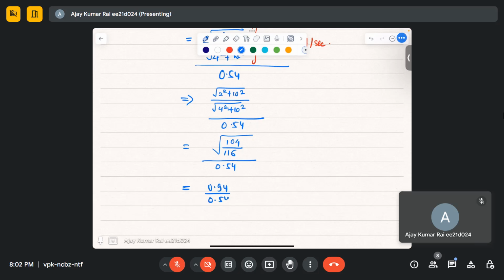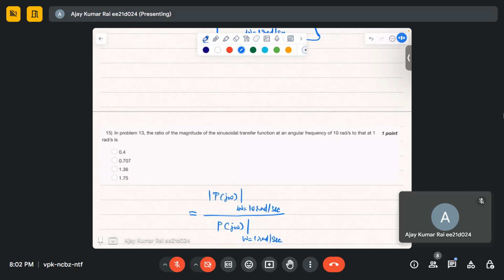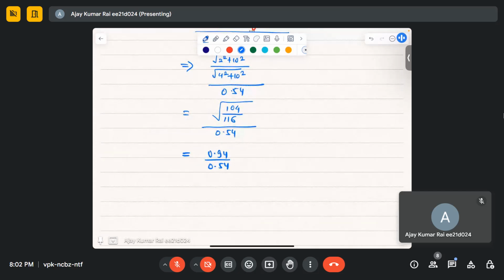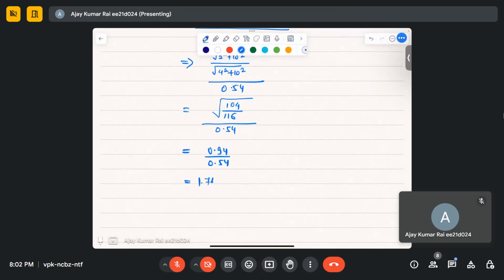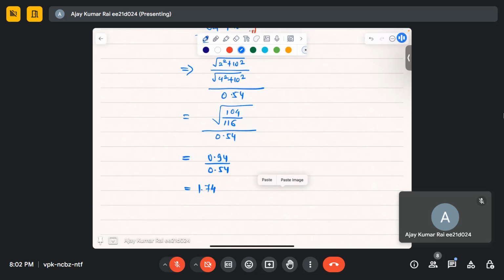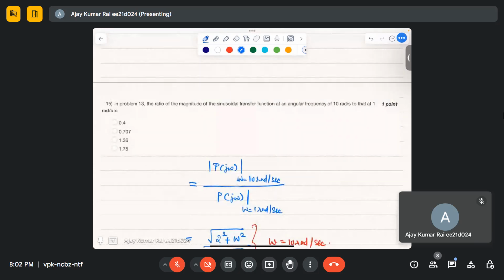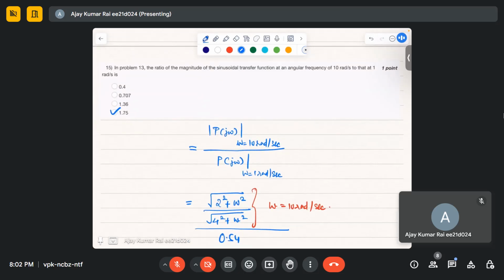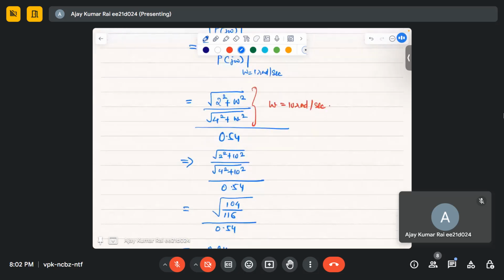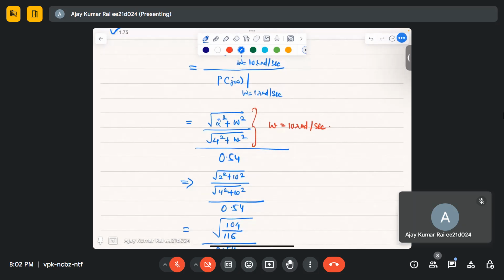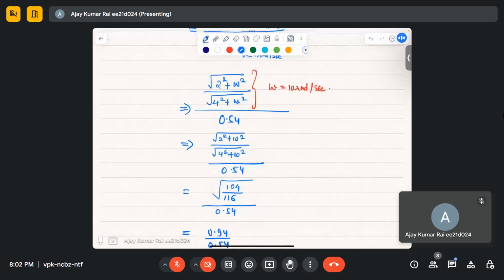I'll get 1.74. I'm getting 1.74, exact something. So this is the ratio. I hope this is correct. If everything is correct, I'll get the same, but the process is the same, right? You're getting how to find the magnitude, right? So this is how we calculate the magnitude, and just the ratio is fine.